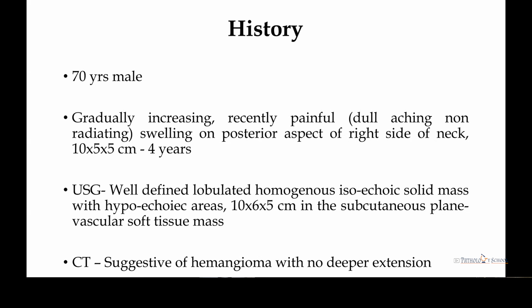On ultrasonography, it was a well-defined lobulated homogeneous mass with few hypoechoic areas and was located in the subcutaneous plane. CT was suggestive of a hemangioma with no deeper extension.